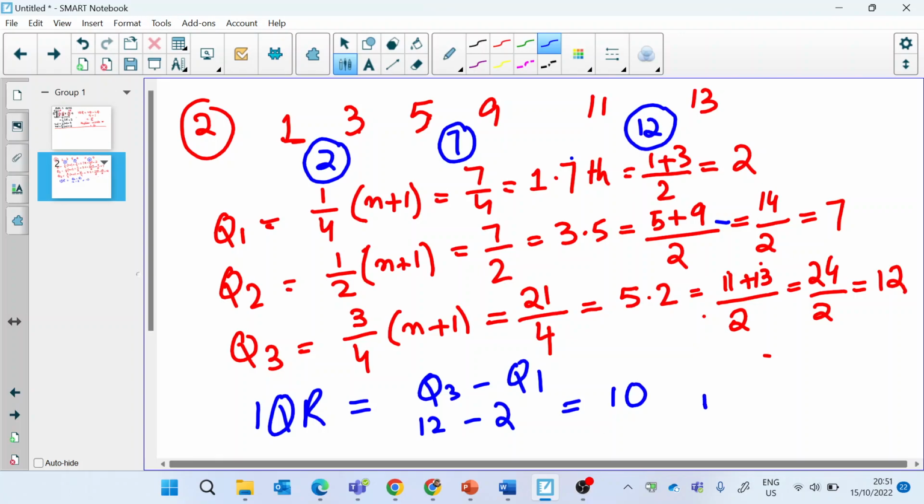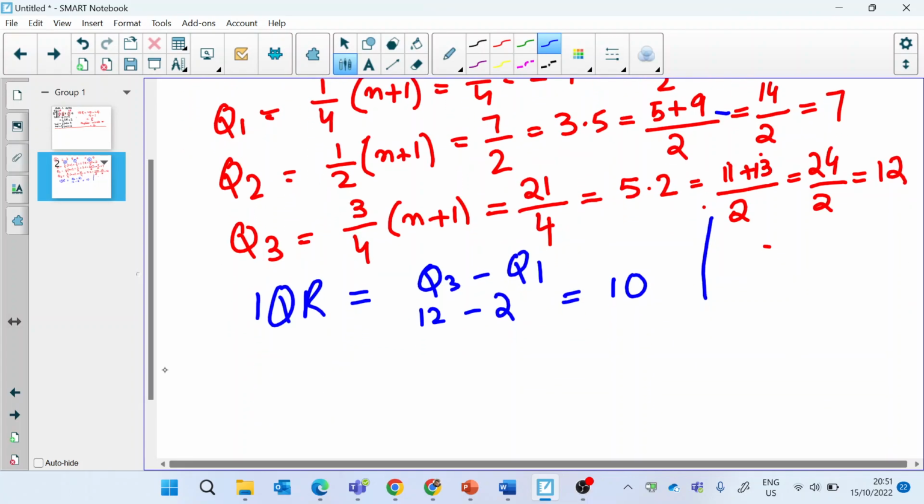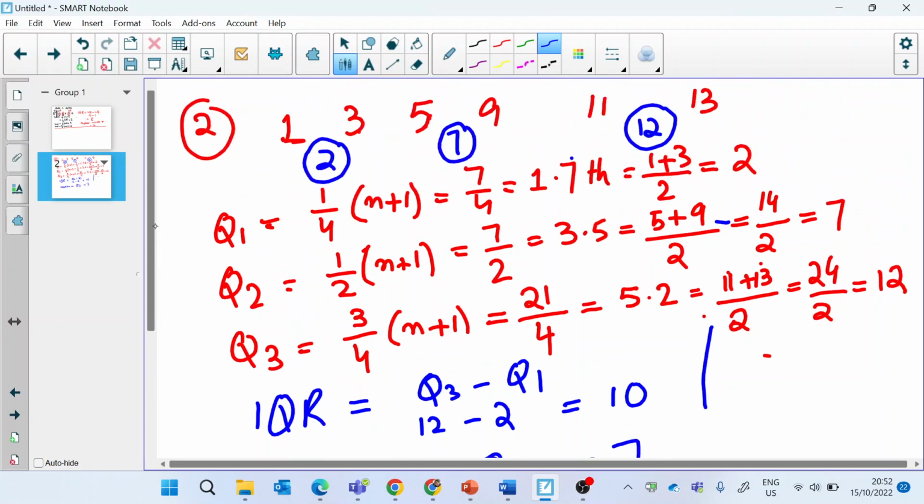So 10 is the IQR, the interquartile range. And the median is equal to Q2. Q2 is in fact the median, and Q2 here is 7.